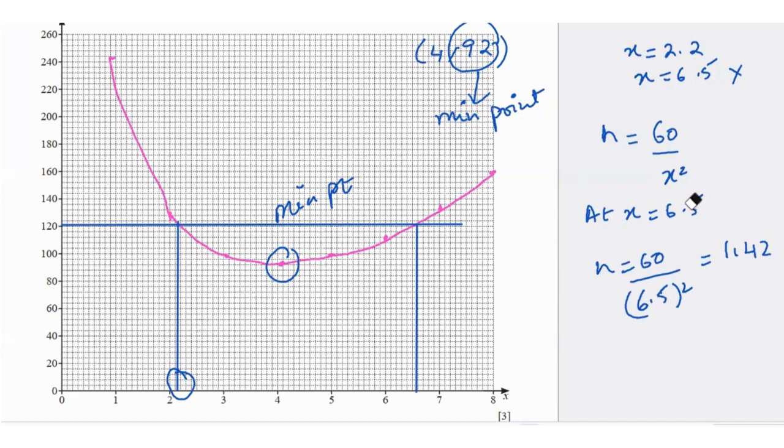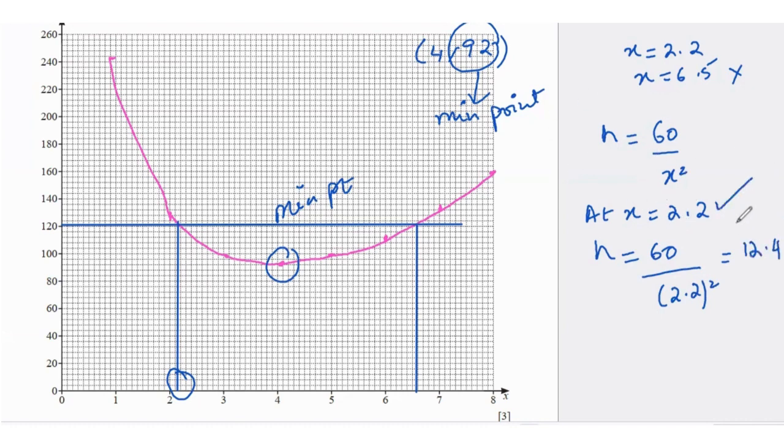And we look at the value of x equals 2.2. So x equals 2.2, h would equal 60 divided by 2.2 squared. And that's going to give us 12.4, which is greater than the value of x. Hence, our x value is 2.2 and our h value is 12.4 for the surface area of 120 centimeter square.